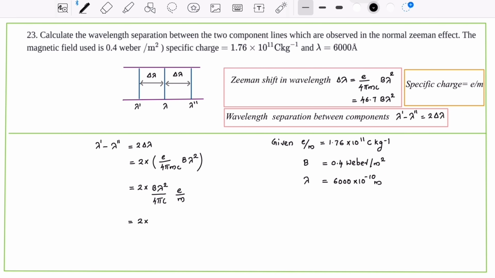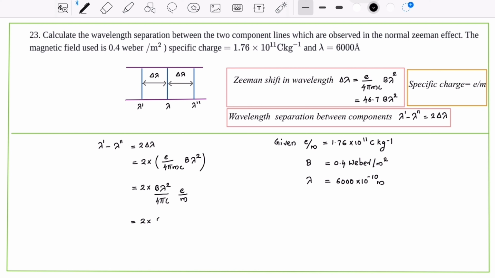Now substitute all these values so that we will get the wavelength separation between the components, that is equal to 2 into 0.4 into (6000 into 10 raised to minus 10) square divided by 4 pi times 3 into 10 raised to 8 into e by m, that is 1.76 into 10 raised to 11.